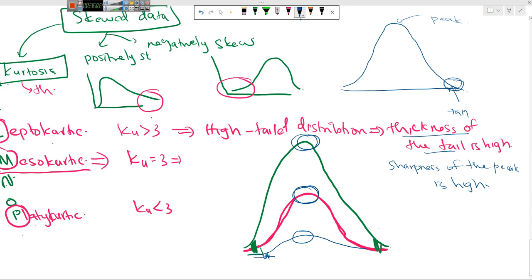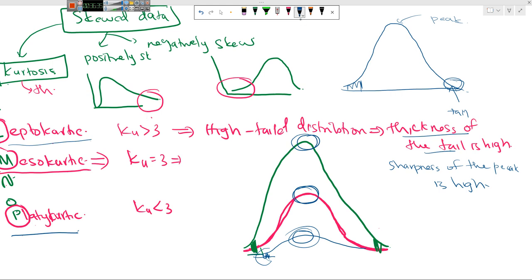If the sharpness of the peak is high, or the thickness of the tail is high, we call this leptokurtic. In mesokurtic we have both in moderate size, and in platykurtic we have both in small size. So both the thickness of the tail and the sharpness of the peak will be low in a platykurtic distribution.